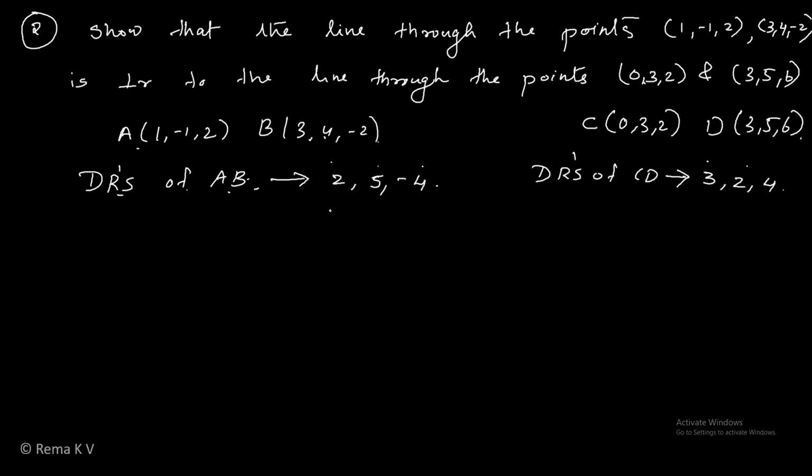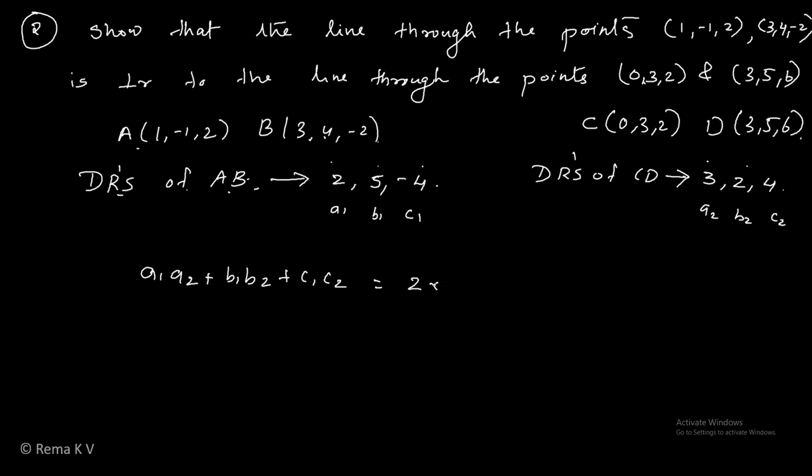Here you are getting these values as A1, B1, C1, then A2, B2 and C2. How can you prove that these two lines are perpendicular? You have to find A1A2 plus B1B2 plus C1C2.